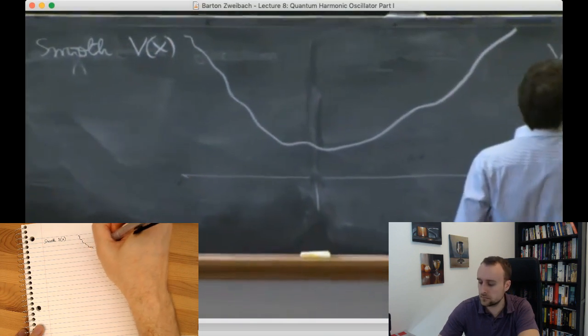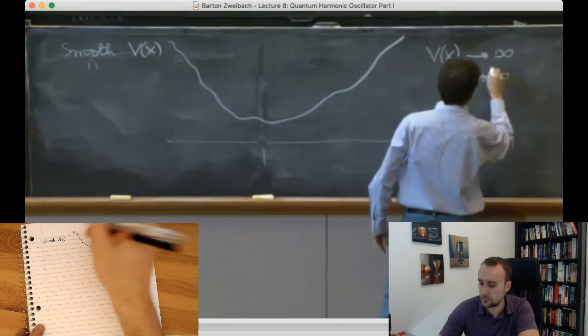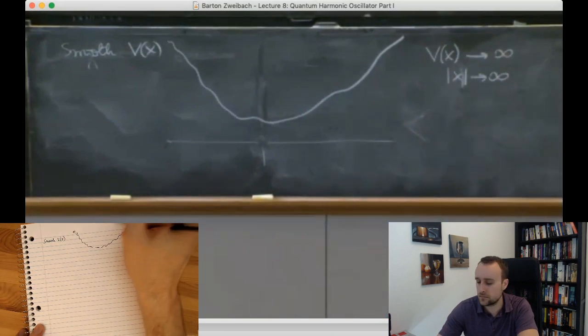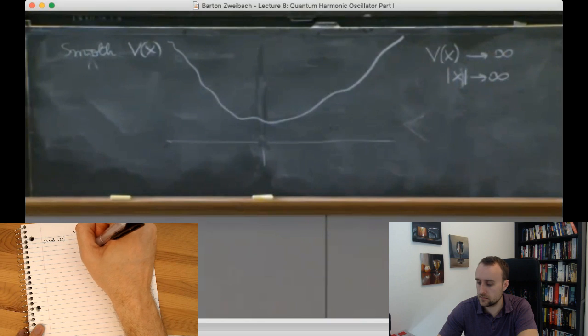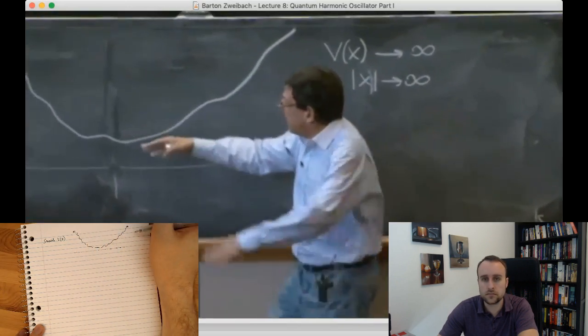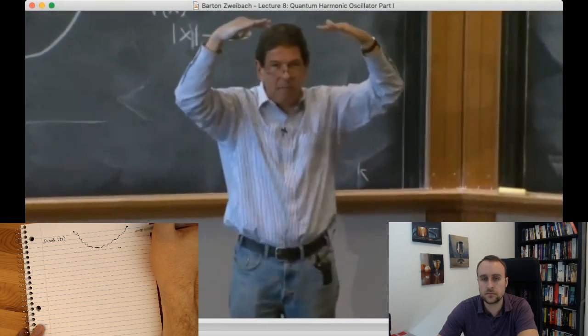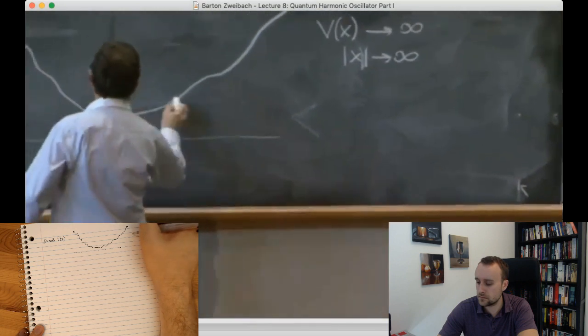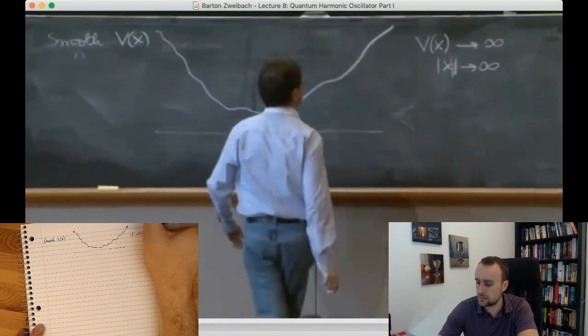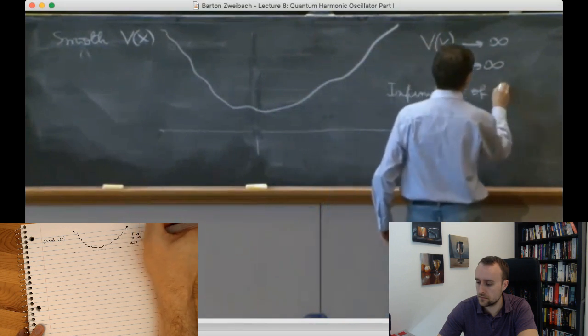Many of these things are really not necessary, but it simplifies our life. Okay, so here is a result that is known to be true. If this thing grows to infinity, the potential never stops growing, you get an infinite number of bound states at fixed energies: one energy, two energy, three energy, an infinite number of bound states.